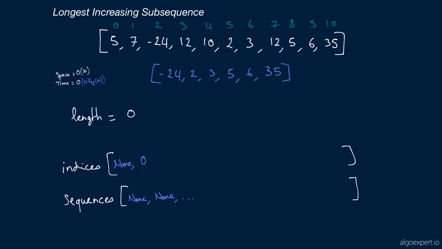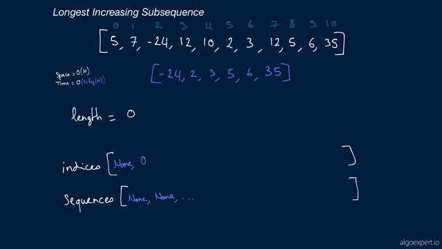So let's take a quick break for a second. What does this mean? We're saying at this index here, which is 1, the longest increasing subsequence of length 1 ends in the number 5, which is stored at index 0.